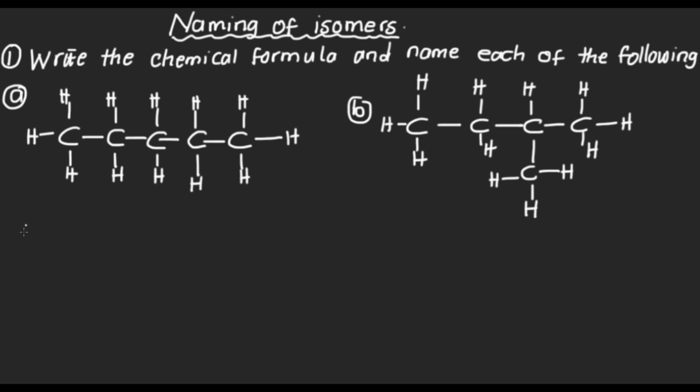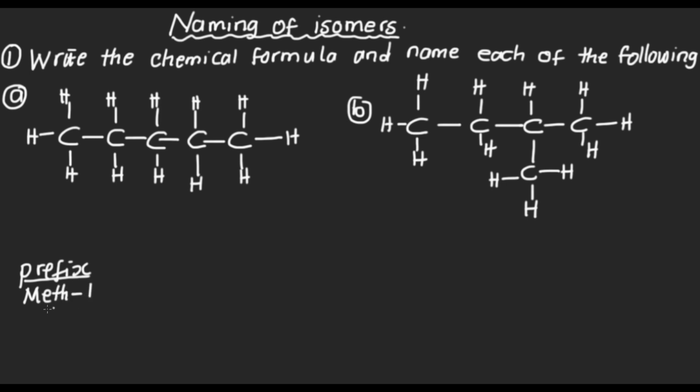Now first I'm going to start with what we call the prefix. So the prefix is the first part of the name of a given organic compound, and it tells you the number of carbons present in that compound. So the first one, we have meth.